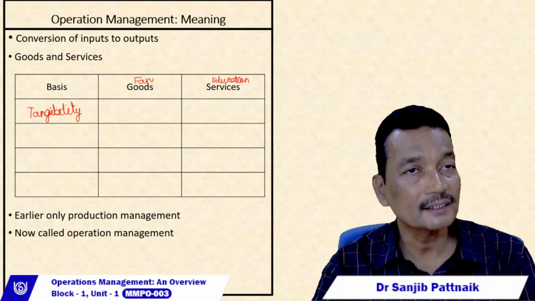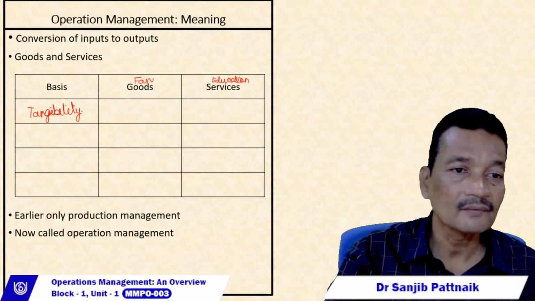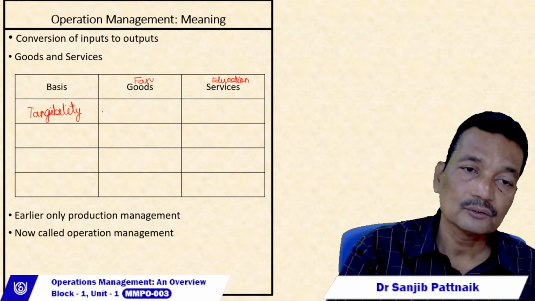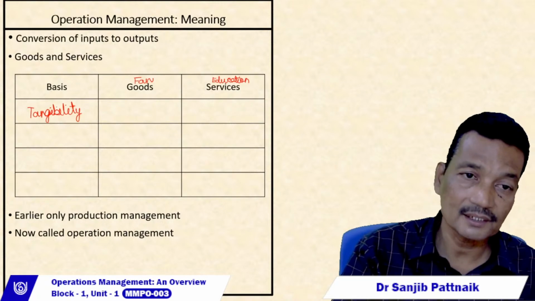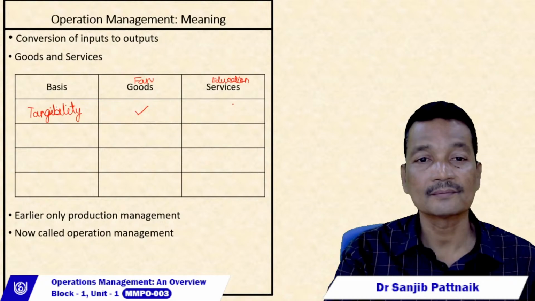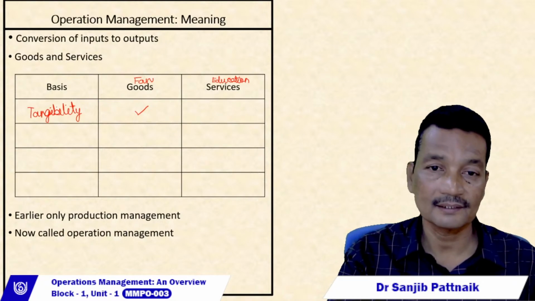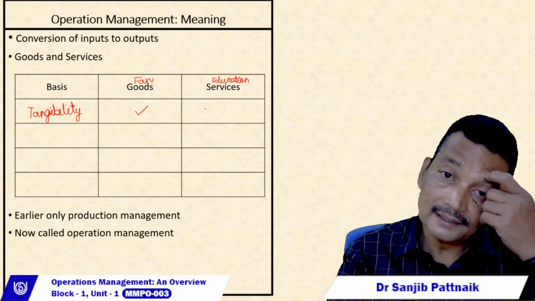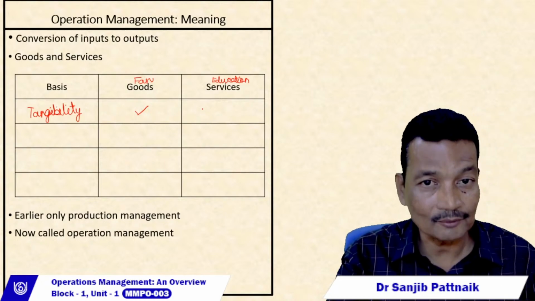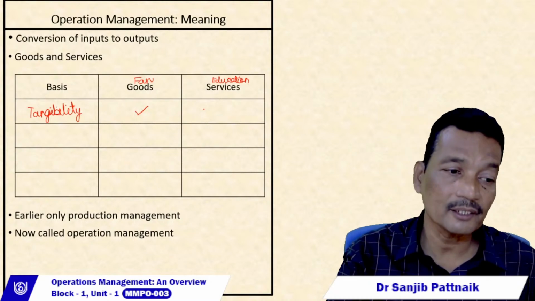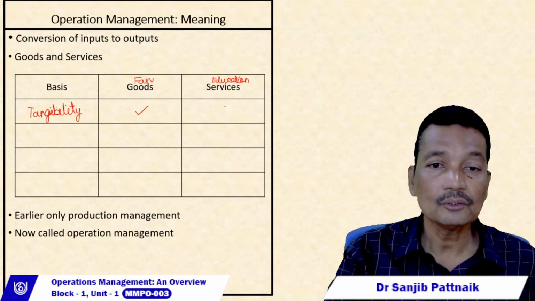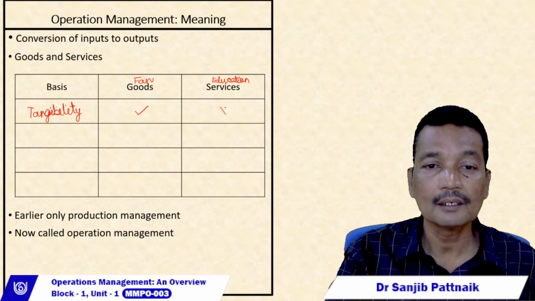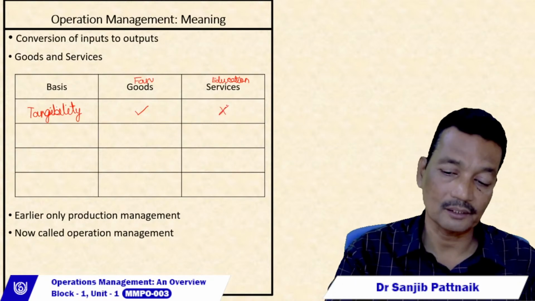Tangible means anything that can be touched, seen, or felt. In the case of a fan, we can see it, touch it, and feel it. Think about education. We can feel it, but can we touch the education being imparted, right now or in any class during your school or college days? No. So, services do not have the tangible aspect in total.